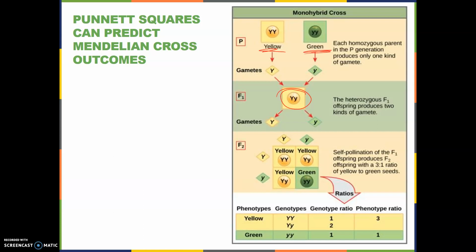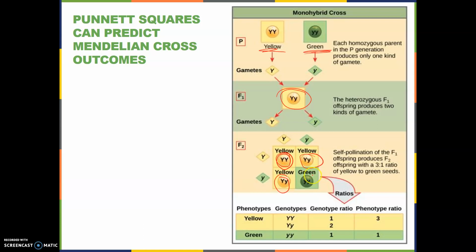And then the F2 are going to have three different genotypes. They're going to be either two big Ys, or a big Y and a little y, and that can happen two different ways: either the sperm gives the big Y and the egg gives the little y, or the other way around.